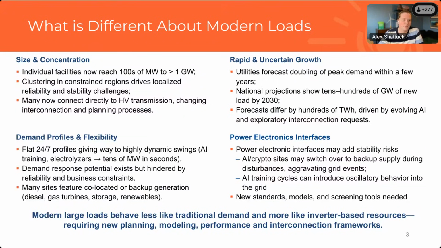One of them, or first of all, being size and concentration. We're seeing individual loads of hundreds of megawatts to just about a gigawatt, and clustered in very constrained regions and very small footprints. So in the past, where you may have a few hundred megawatt steel manufacturing facility in one area, driven by regional economics.